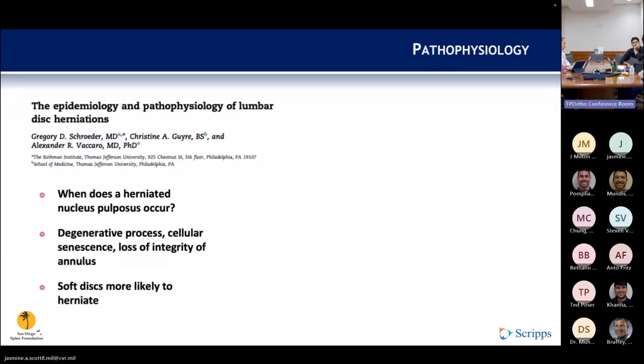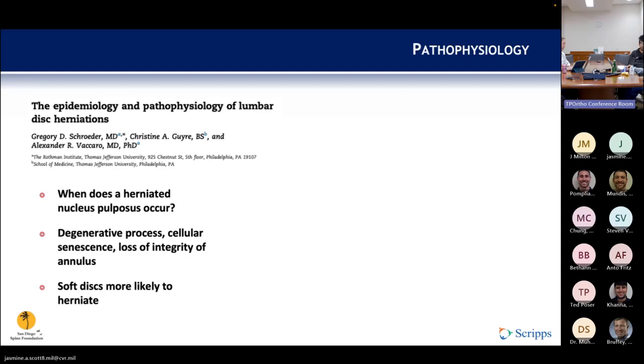So this is a paper out of Rothman, Thomas Jefferson, talking about epidemiology and pathophysiology of lumbar disc herniations. So when does a herniated nucleus pulposus occur? Essentially, when you have that degenerative process and that cellular senescence, loss of rigidity of the annulus, sort of talking about that feedback cycle that we looked at a couple of slides ago.